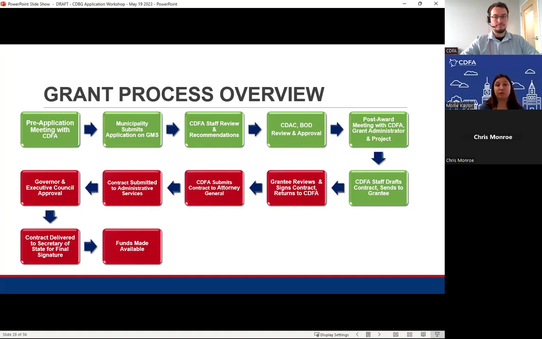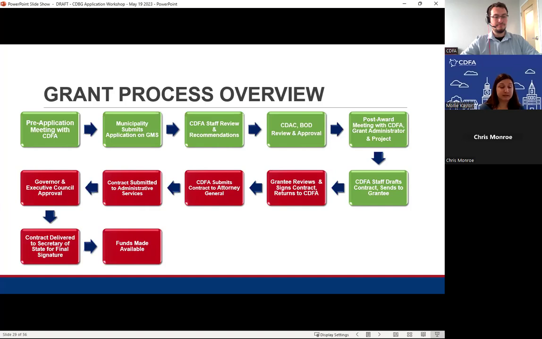Once funding recommendations are made and approved by CDAC and then our board, it begins the next stage of the review process, which is that all of the contracts need to go through governor and council in order to receive final approval and for the project to be able to begin.